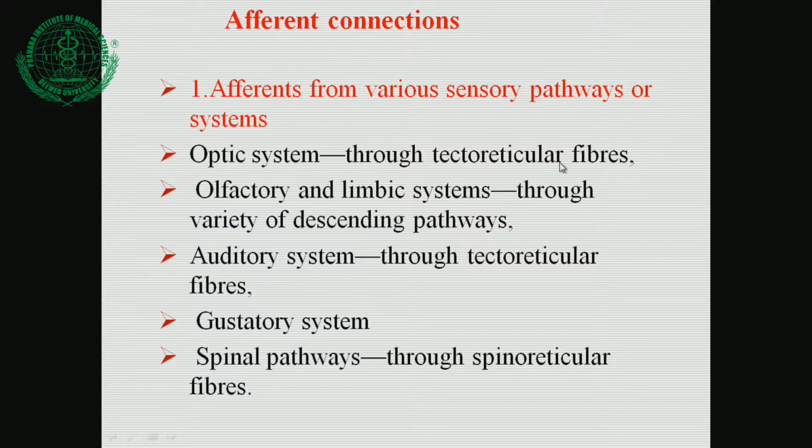The optic system through tectoreticular fibers, the olfactory and limbic systems through a variety of descending pathways, the auditory system through tectoreticular fibers, the gustatory or taste pathway, and spinal pathways through spinoreticular fibers. So these are the afferent connections.